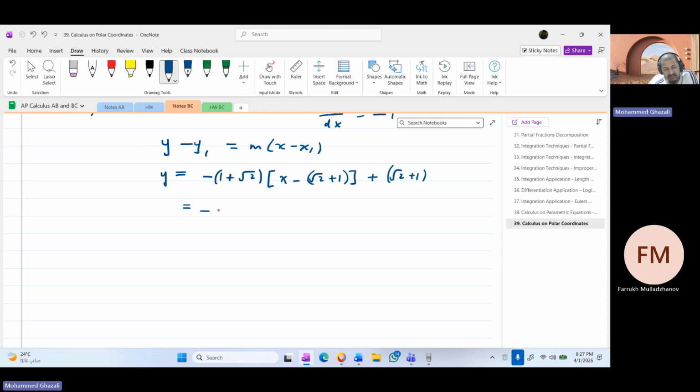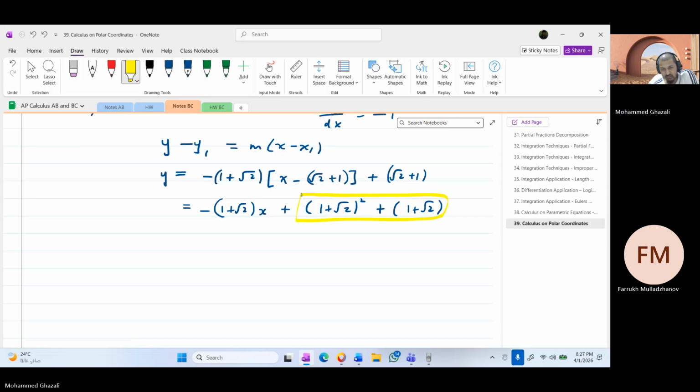Now you can open up everything and simplify. Negative times this is negative (1 plus root 2) x. Negative times negative, it's like squaring a binomial here: positive (1 plus root 2) squared, plus 1 plus root 2. All this is just your constant, and this is your slope.